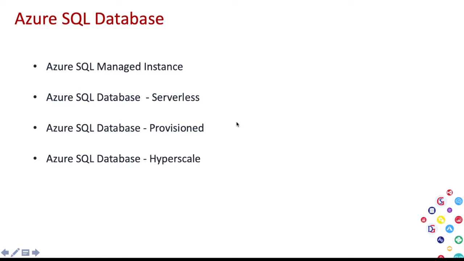We can see we don't need the Windows OS that traditionally we know. So we will discuss serverless for today, and provisioned and hyperscale are the more powerful ways to manage the same containers with more resources. However, it is the same concept.